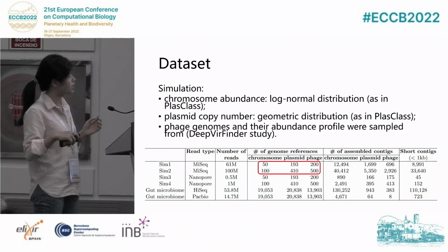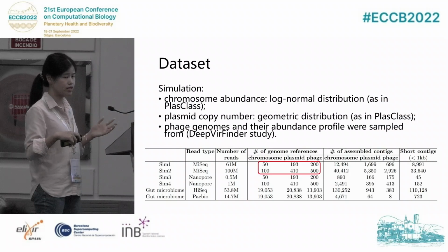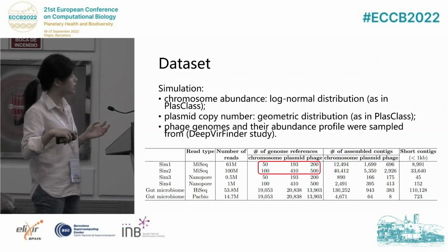So here are the data sets we use to benchmark 3CAC and other existing classifiers. We have 4 simulation data sets with different complexity, from both short read and long read sequencing techniques. We also have 2 real sequencing data sets from the human gut sample, also with both short read and long read sequencing techniques.